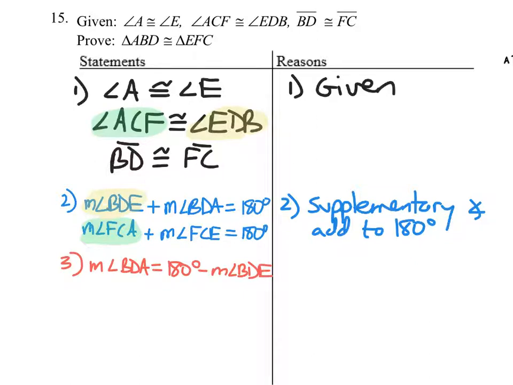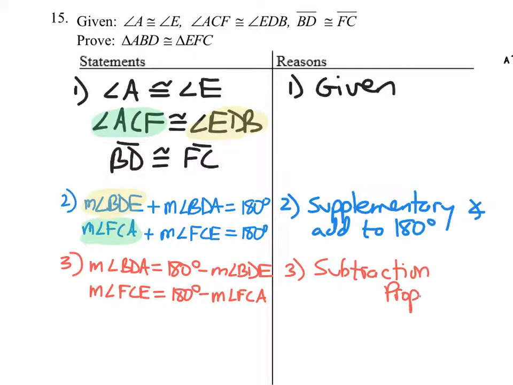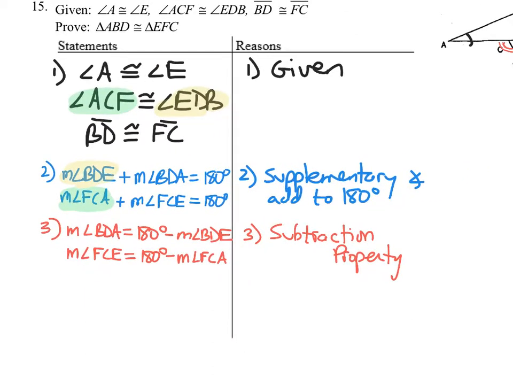And I'm going to do the same thing where I say the measure of angle FCE is equal to 180 minus the measure of angle FCA. All right, and that's the subtraction property. So that's just basic algebra. All right. So we're just subtracting from one side of an equation to another.